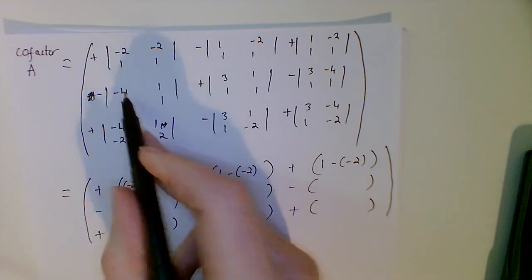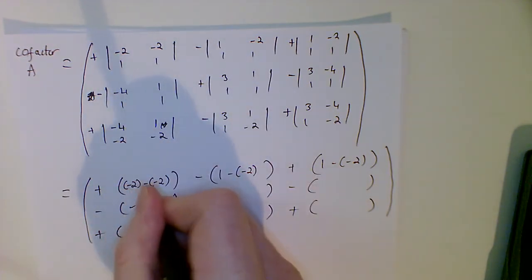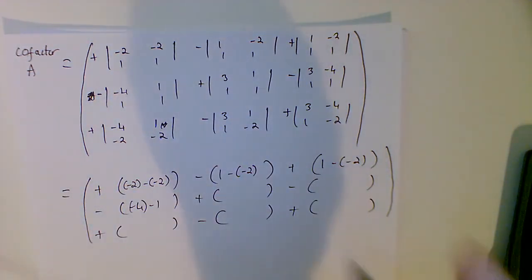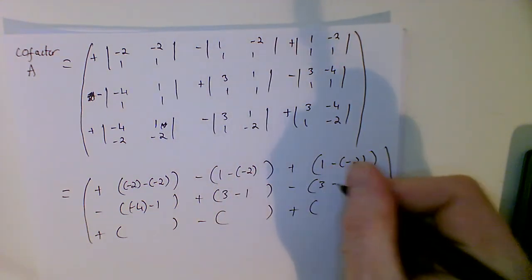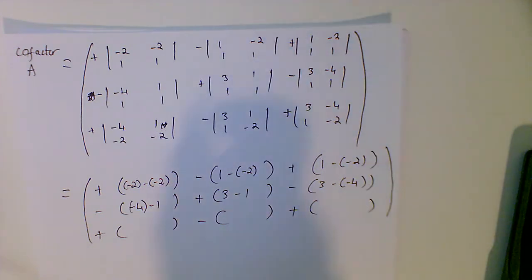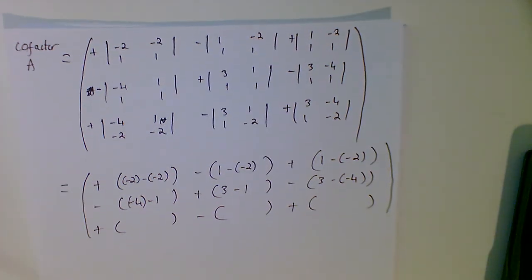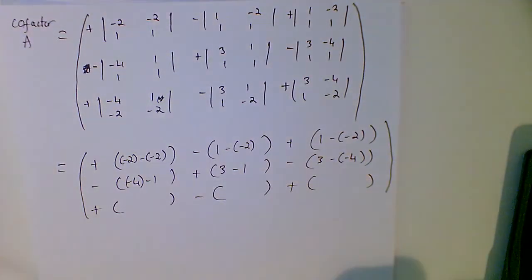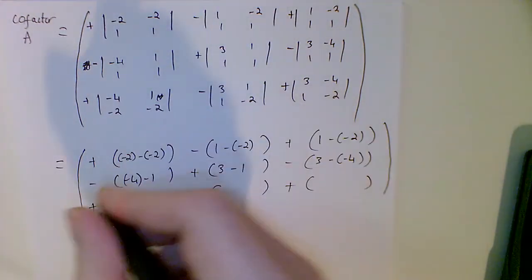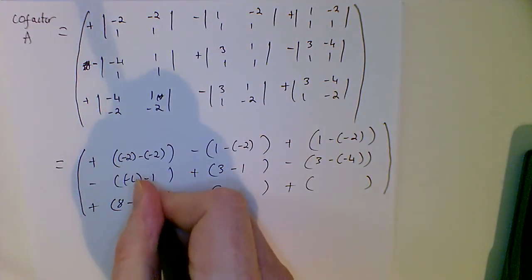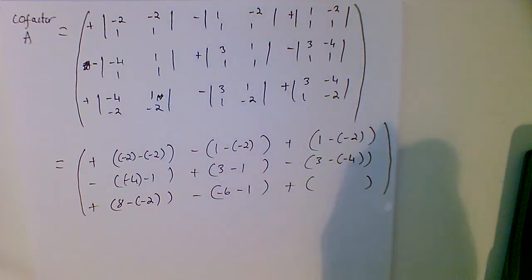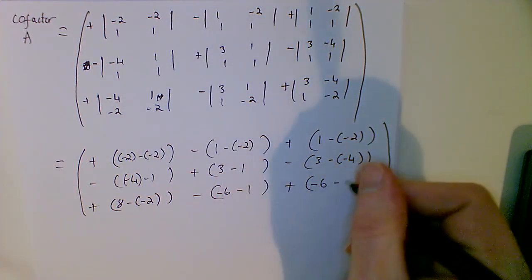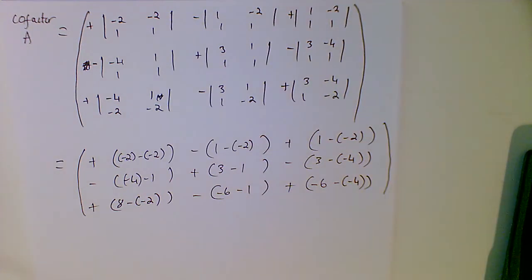Right here we've got -4 take away 1, 3 take away 1, and 3 take away -4. Here we've got 8 take away -2, -6 take away 1, and -6 take away -4. Just like that.